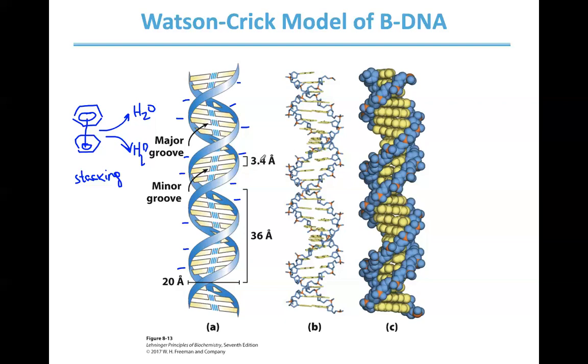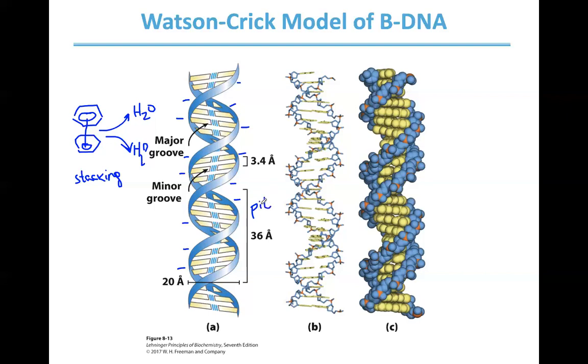And so here are some dimensions. For example, the distance between the stacked base pairs is 3.4 angstroms. And in B-DNA, one helical turn, I think it's called a pitch. I'm not sure if I'm correct. Anybody know the helical pitch?